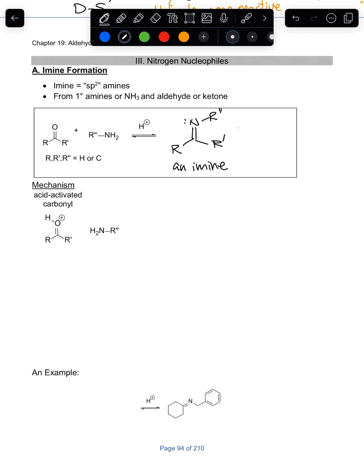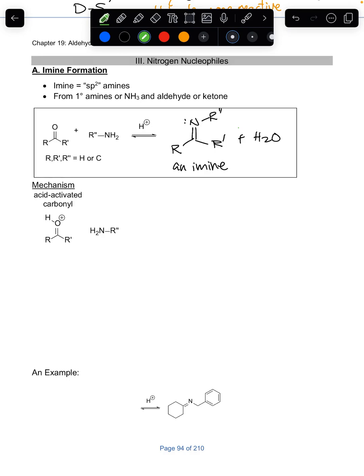But this is kind of the nitrogen version of an acetal. And another reason why we say that this is basically the nitrogen version of an acetal is that just like with acetal formation, the byproduct would be water. And if the R prime group is hydrogen, then that would be an aldehyde.